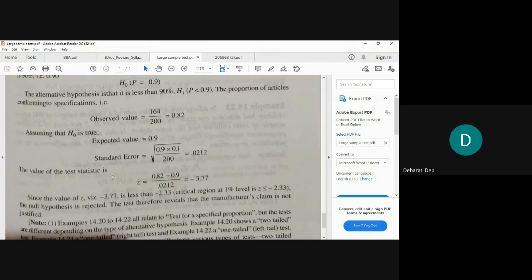So write: assuming that H naught is true, comma, expected value equals 0.9.